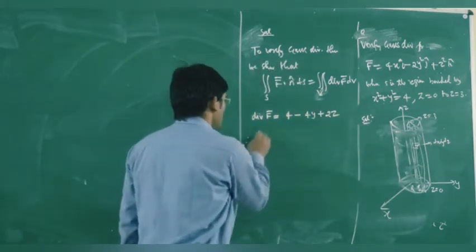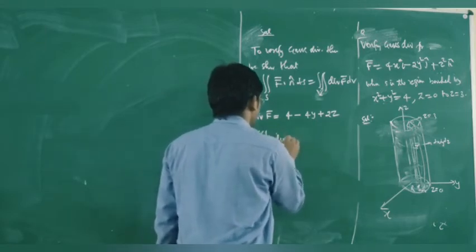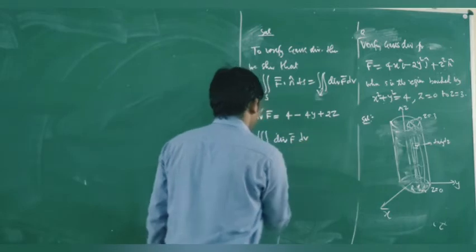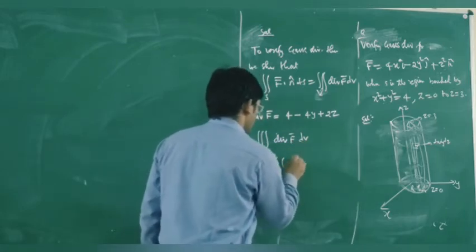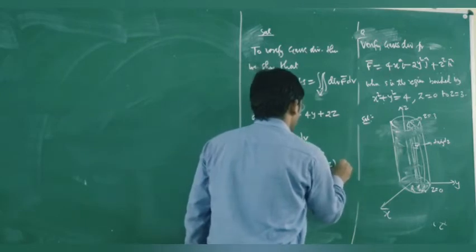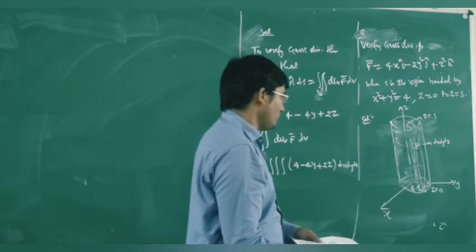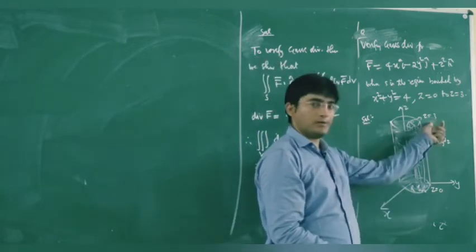Therefore this triple integral will be equal to the integral of 4 minus 4y plus 2z dx dy dz. Now you can see that z is varying from 0 to 3.